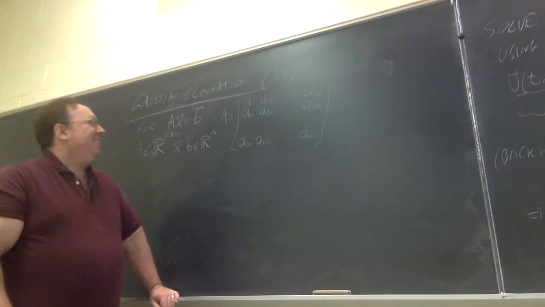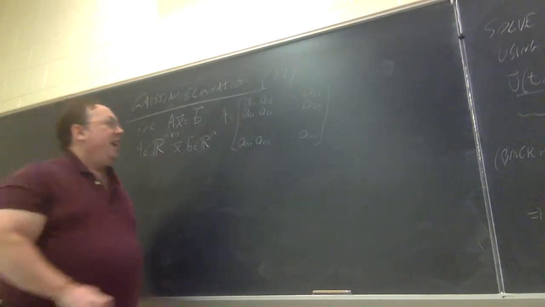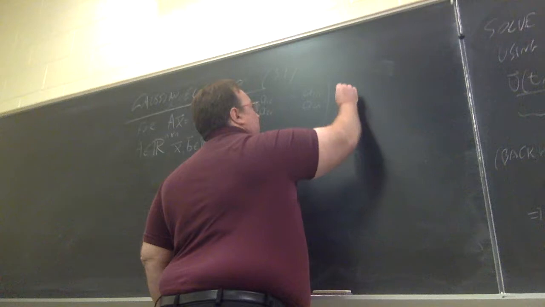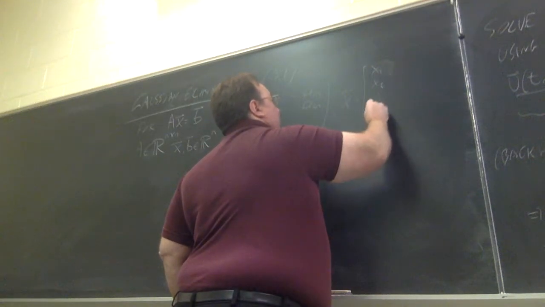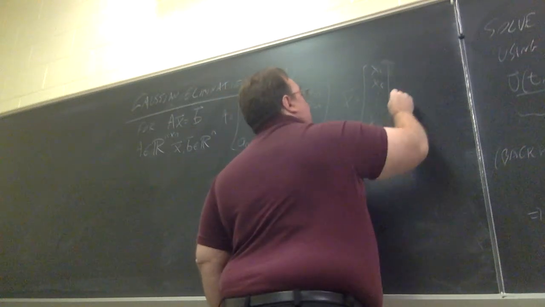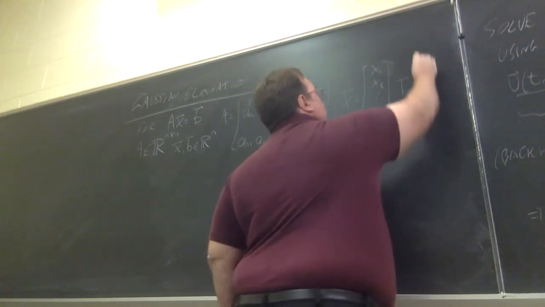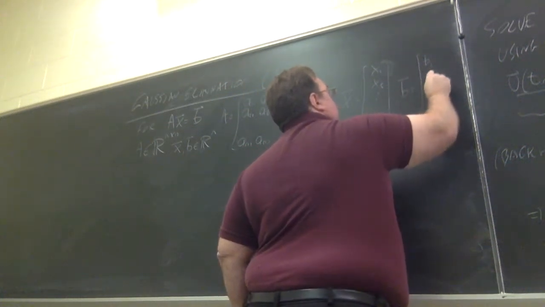All right, so this is how I refer to the entries of A, and then x is a column vector of x1, x2 up to xn. I use lowercase letters to refer to vectors.